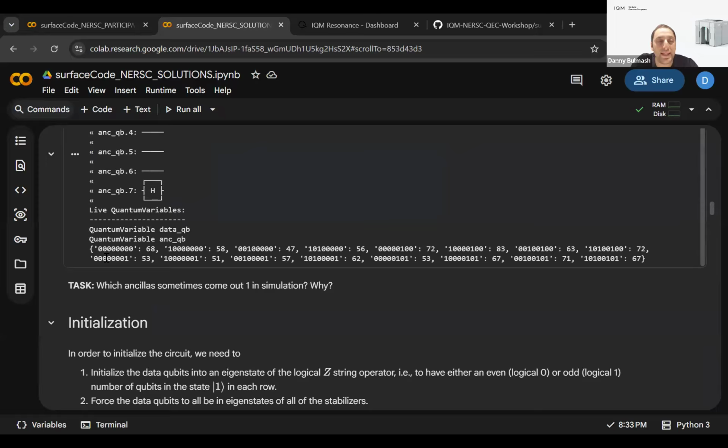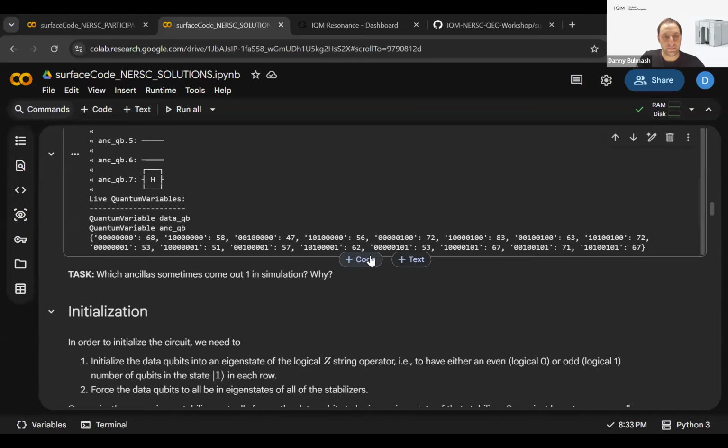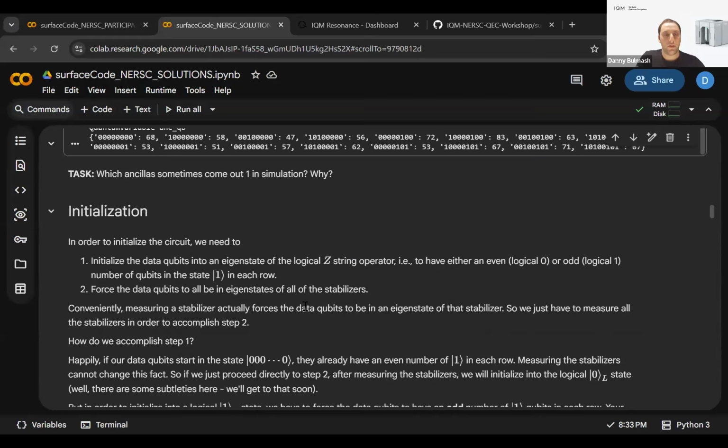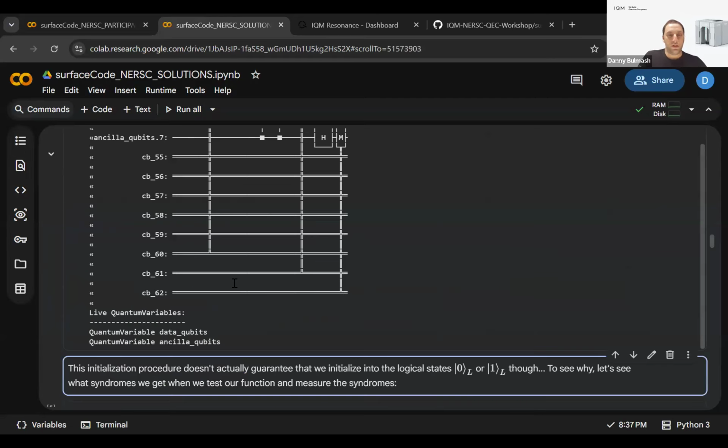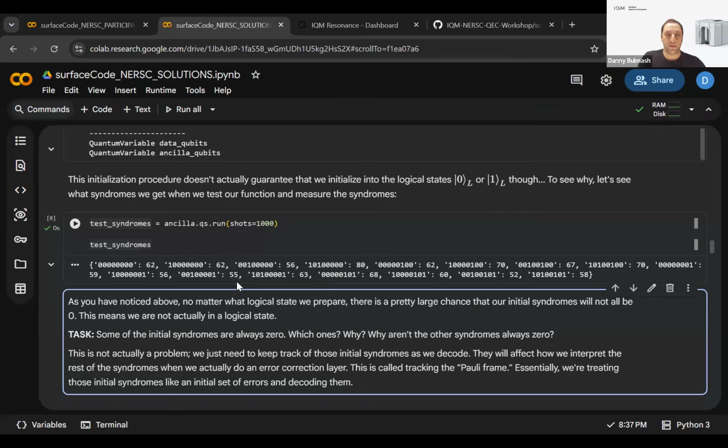So the X stabilizers are going to randomly be 1 or 0, because 0 is a superposition of plus and minus, and so there's quantum randomness when we do this measurement. You can treat that quantum randomness like an error and decode it later. But this is unavoidable in this situation, unless you want to have a really complicated circuit. So, yeah, this is the same thing here.